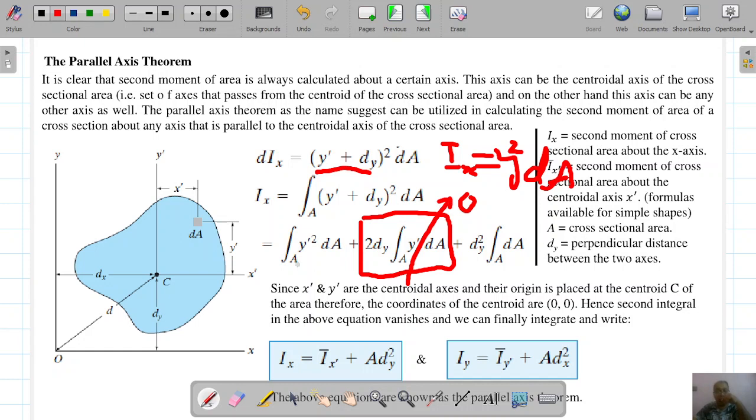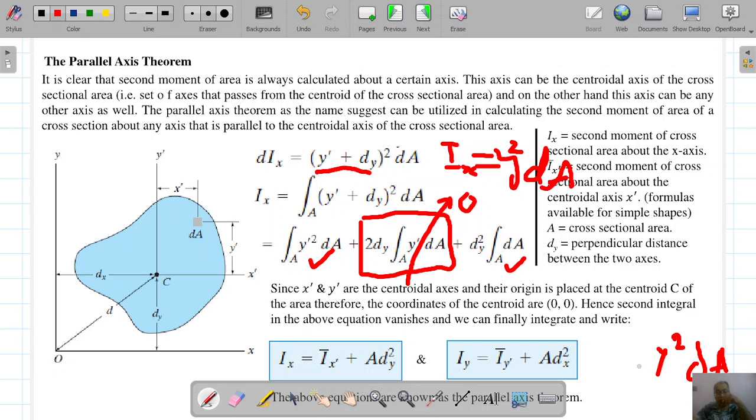Now we are left with these two terms. What is the meaning of this value? Ix equals the integral of y' square dA. What does this mean? We have just calculated what y square dA was, a formula you already know.